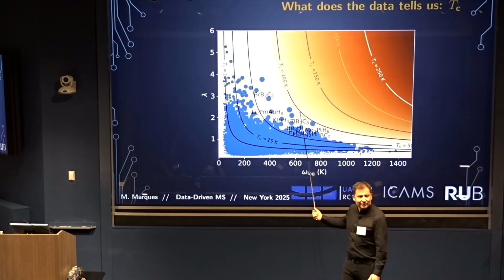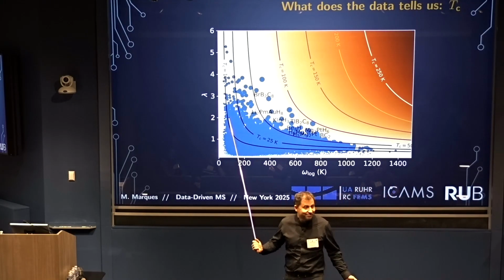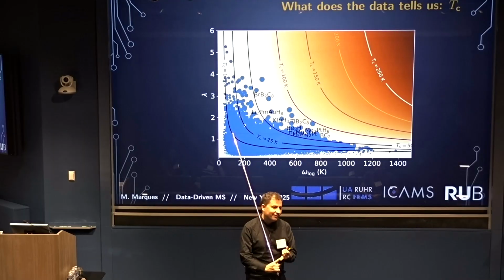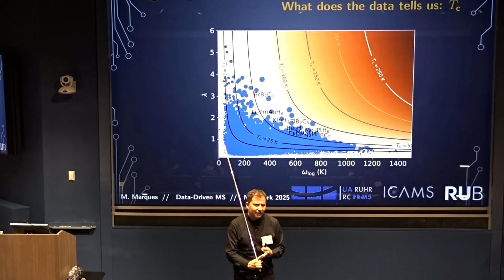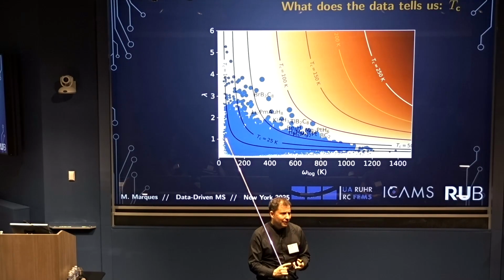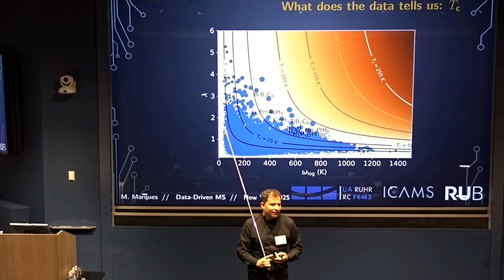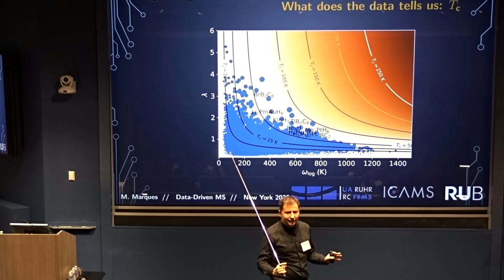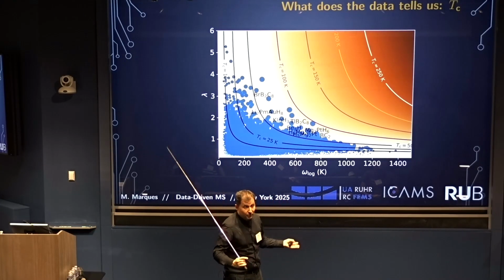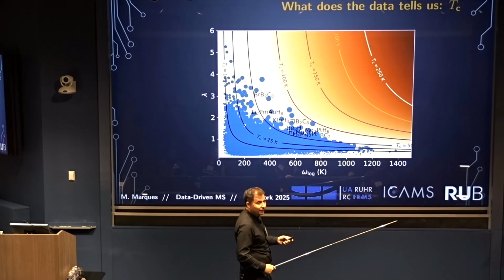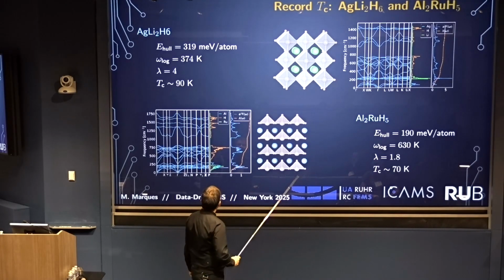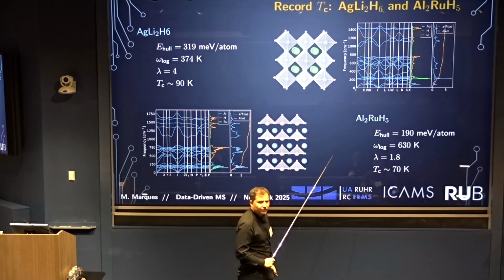They are not fantasies in the computer. So they are dynamically stable. They are mechanically stable. They have beautiful phonons. They have beautiful Fermi surfaces, everything that you want. And they give high TCs, right? I have a couple of examples here just for you to see. They are two hydrides, but there are other ways of getting high TC.